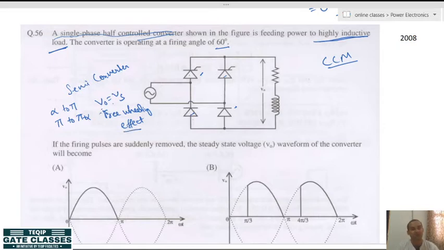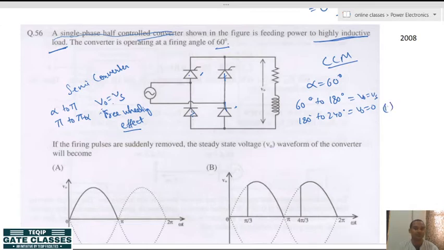Freewheeling effect means either this leg or this leg is causing the freewheeling. So with alpha equal to 60 degree, from 60 degree to 180 degree V naught equals Vs, and from 180 degree to 240 degree V naught is 0 due to the freewheeling effect.